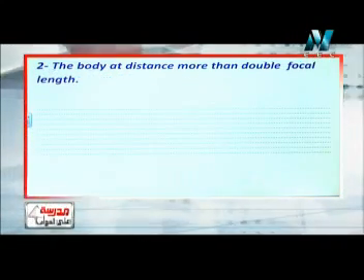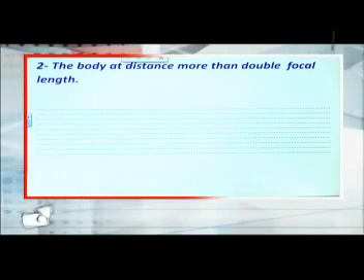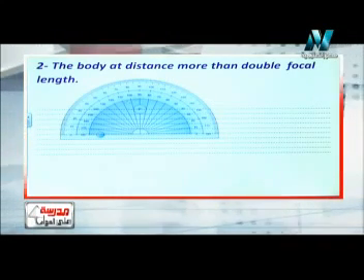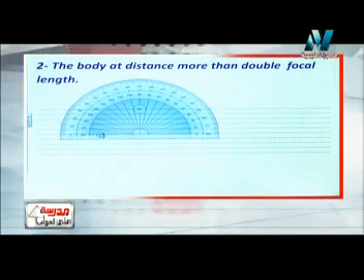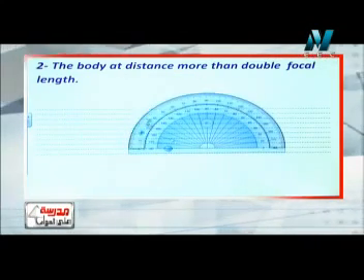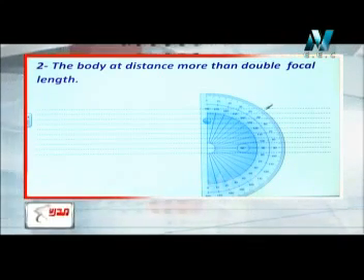So we have another case. Body at distance more than double focal length. The same rule, the same steps. By protractor, we will use the protractor like that to draw the arc.